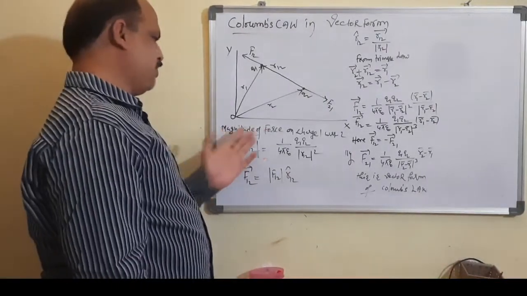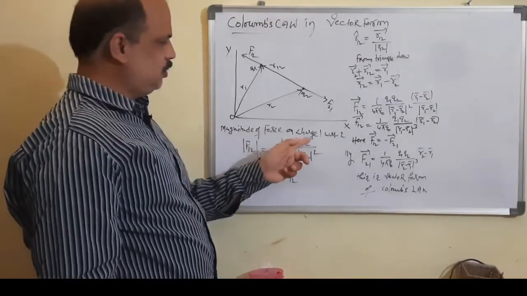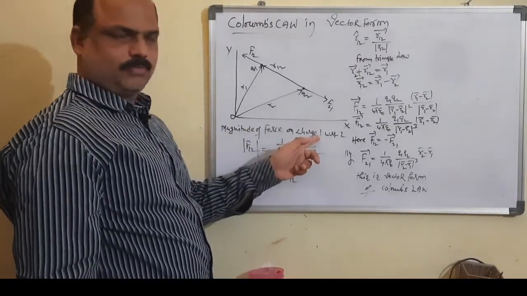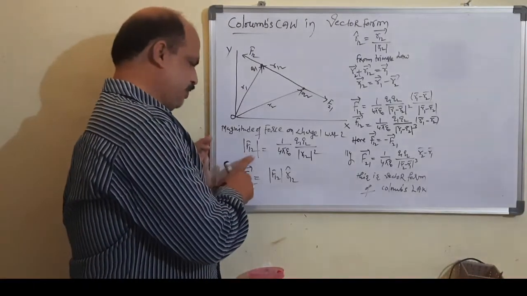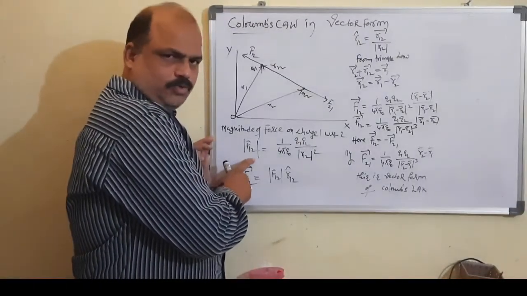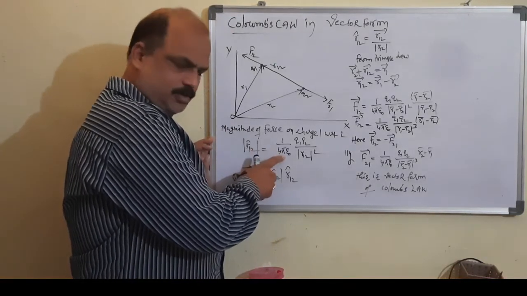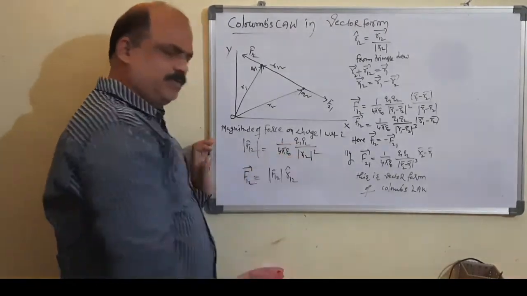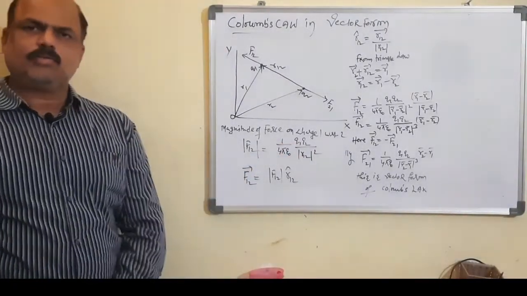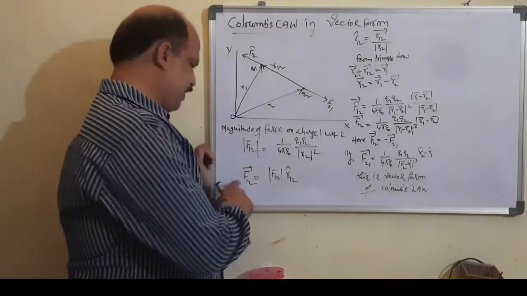Now, the magnitude of the electrostatic force on charge Q1 due to Q2. How can we write it? The magnitude of F12, the force on 1 due to 2, is equal to 1 by 4 pi epsilon naught Q1 Q2 by R12 whole square. So we write it here in vector form.